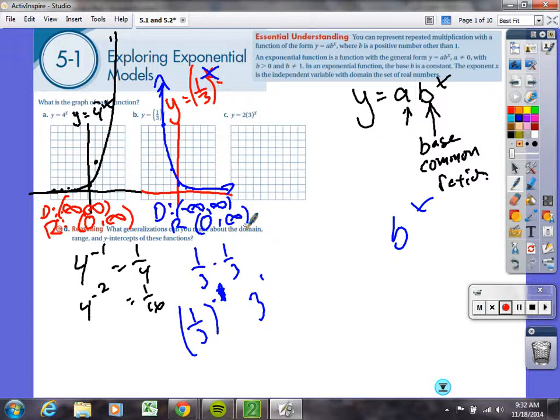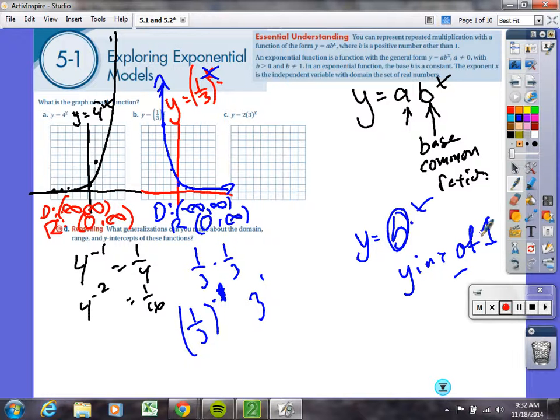And why would that be? Notice first off, there is the basic form y equals b to the x, right? And any base raised to the 0 power is always going to be what? This will always have a y-intercept of 1 when you're in your basic form. And that should make sense, shouldn't it? Does that make sense to you guys?